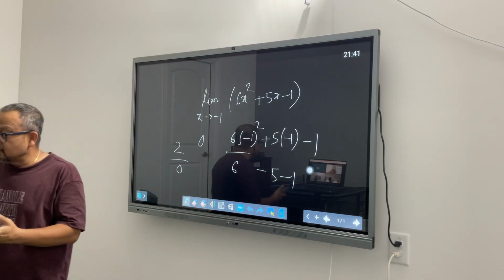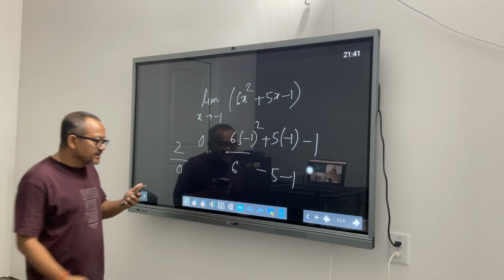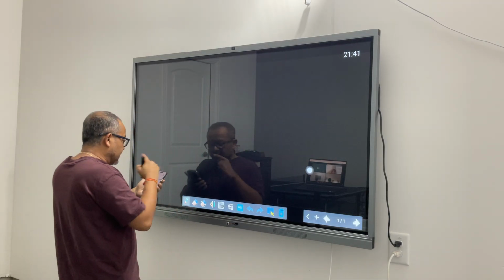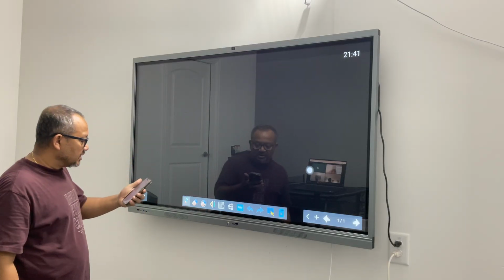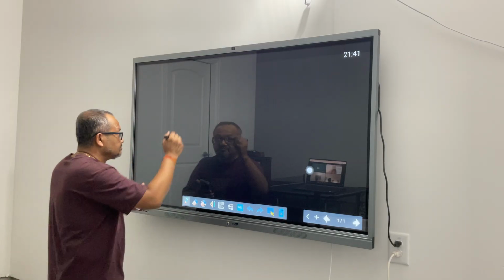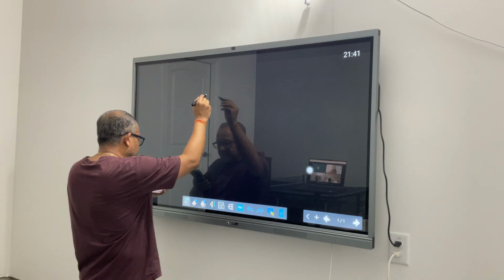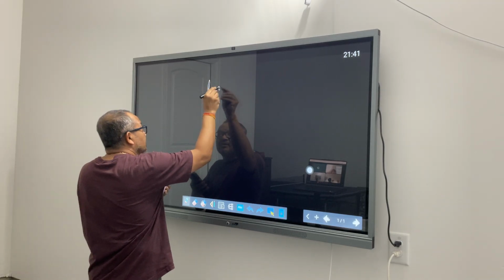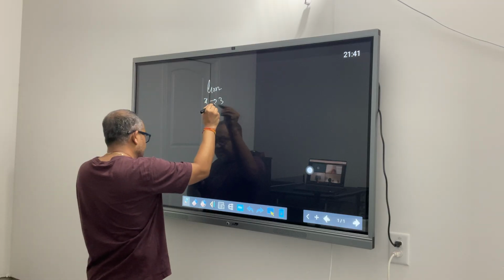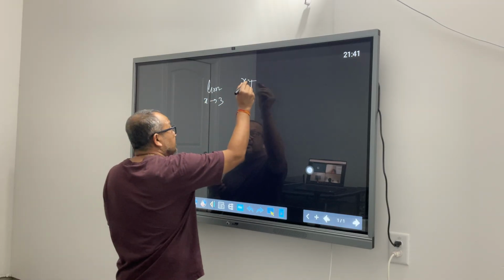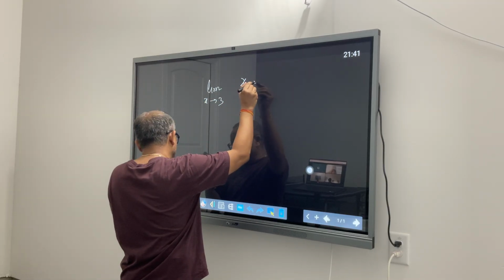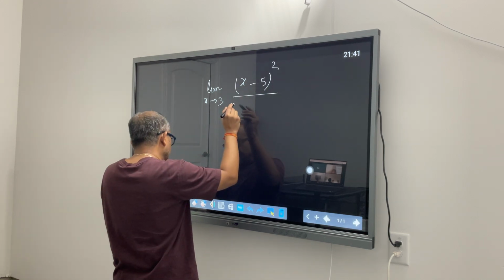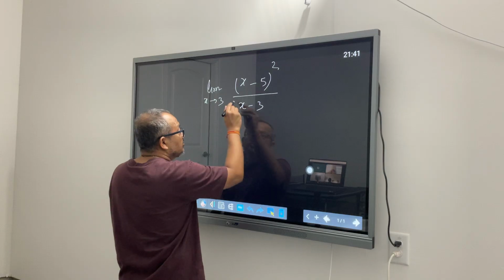Now let's come to an interesting problem, which is an extension of what we have done so far, and this will be our first opportunity to explore our knowledge. This one says find the limit of x approaching 3, x minus 5 squared divided by x minus 3 squared.